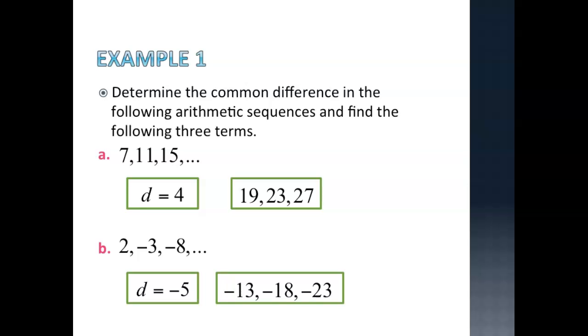Okay, so with arithmetic sequences, it's helpful for us to be able to come up with a rule that allows us to figure out the nth term of any of these sequences as long as we have some information. So for example, in this last example, say I wanted to figure out what the 20th term is.